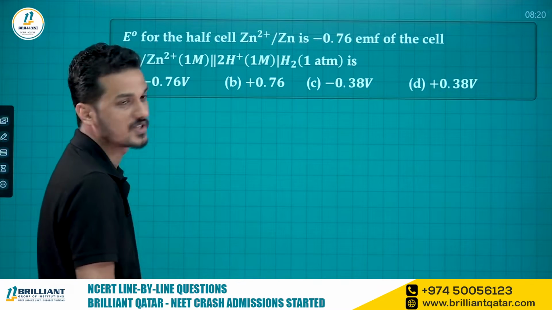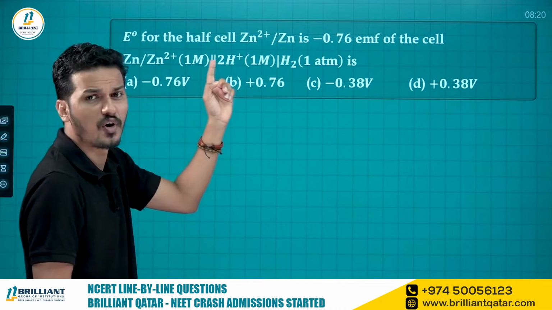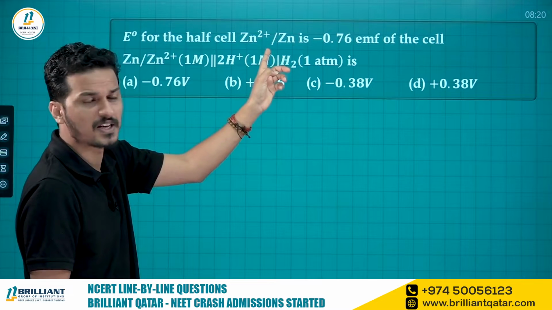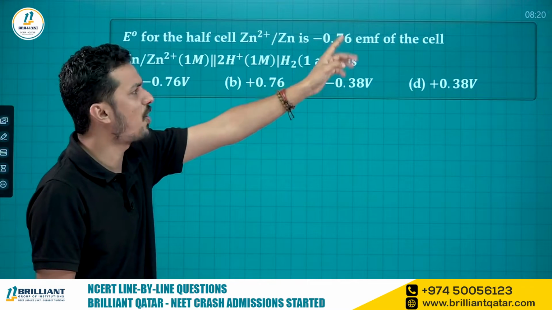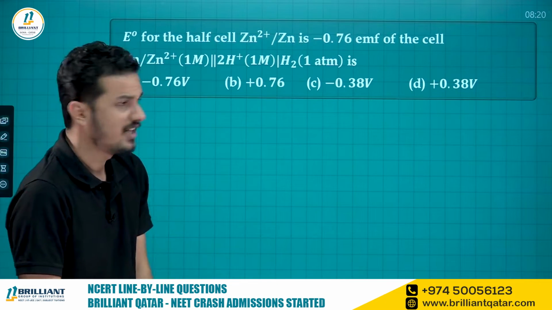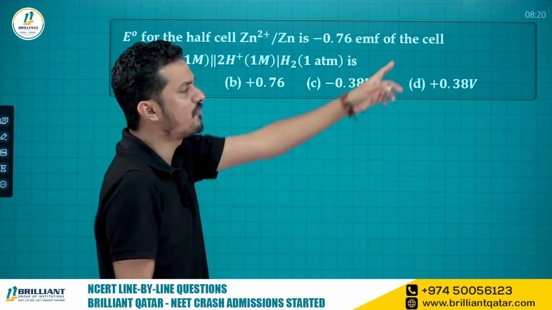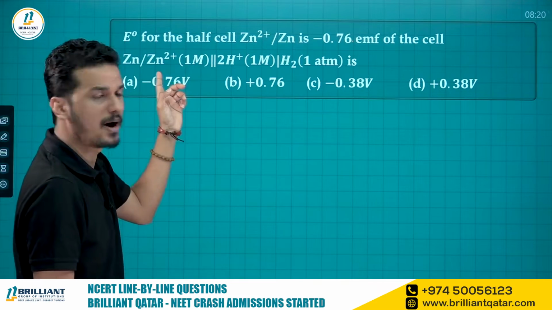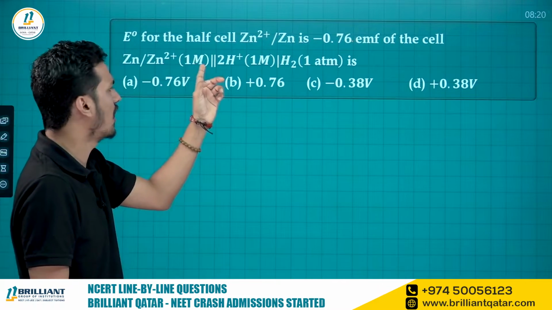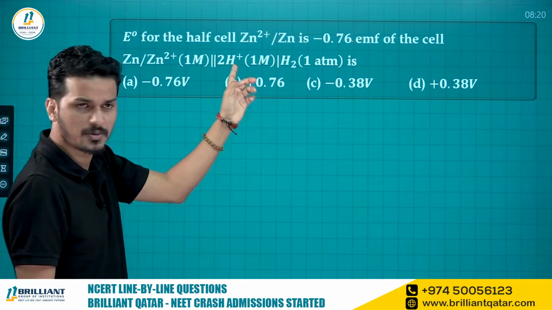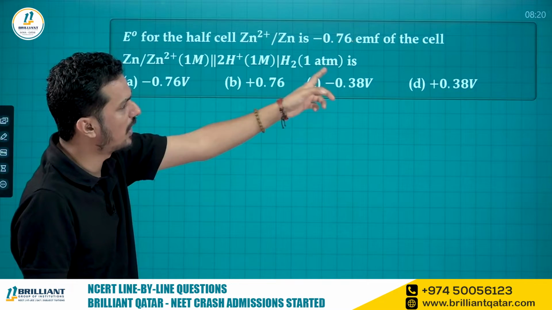What's the question? E0 for the half cell zinc 2 plus bar zinc is minus 0.76. Then they are asking the EMF of the cell zinc bar zinc 2 plus in 1 molar, double slash, 2H plus 1 molar, H2 1 atm.